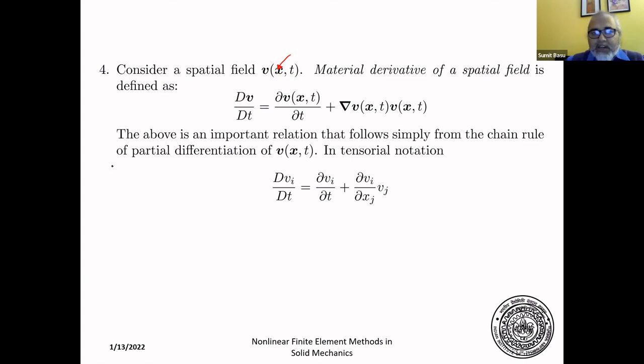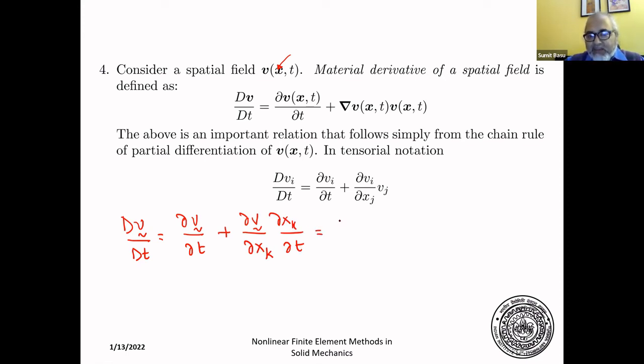When you take the total derivative, you use the chain rule. So you say del v del t into dt over dt, which is 1. Then you do del v del xk into del xk del t. This is a repeated index. Del xk del t is again v.